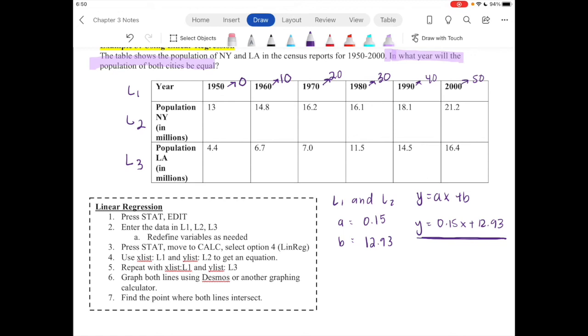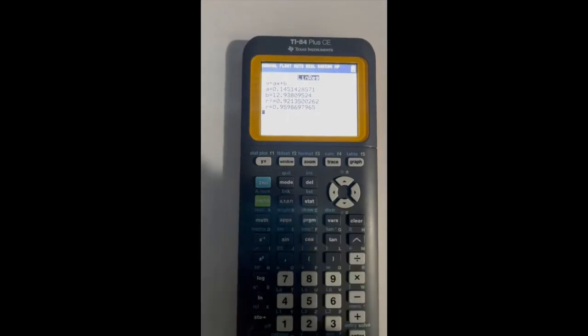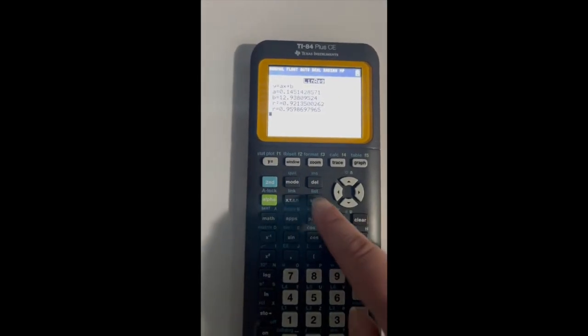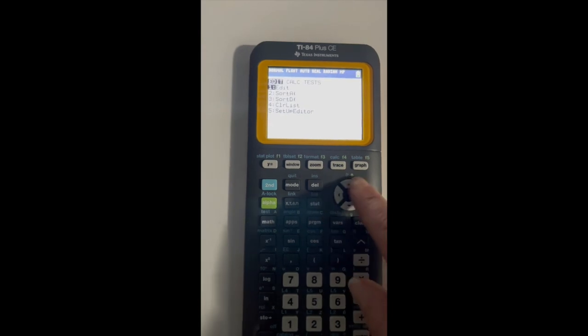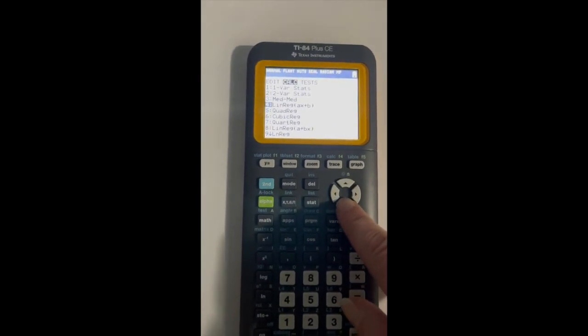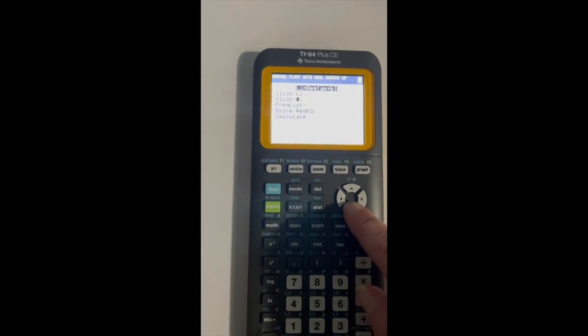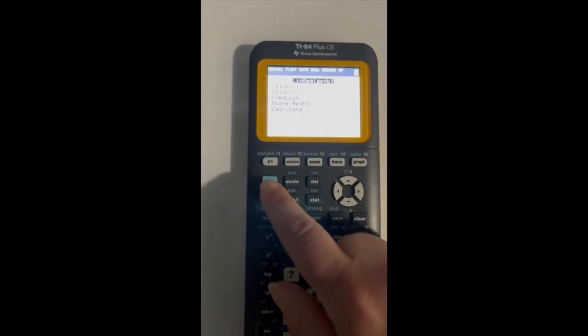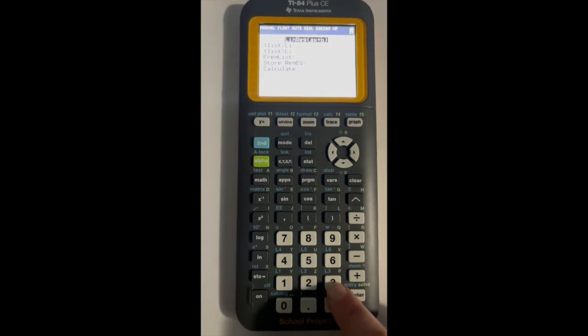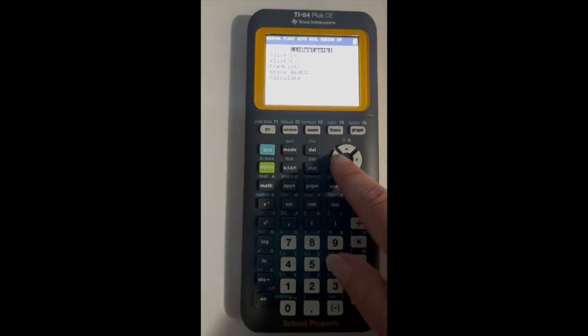Then with step number 5, we are going to repeat this process using list 1 and list 3. We're going to repeat these steps now for list 1 and 3, so we'll press Stat again, go over to Calc, down to option 4, and this time we're going to change list 2 to list 3. So we'll press the second key, and then we're going to pick option number 3 to change it to list 3.